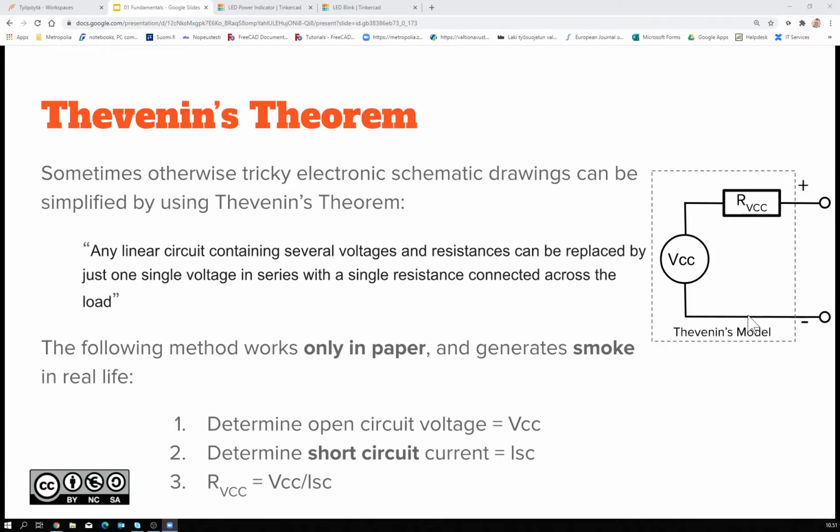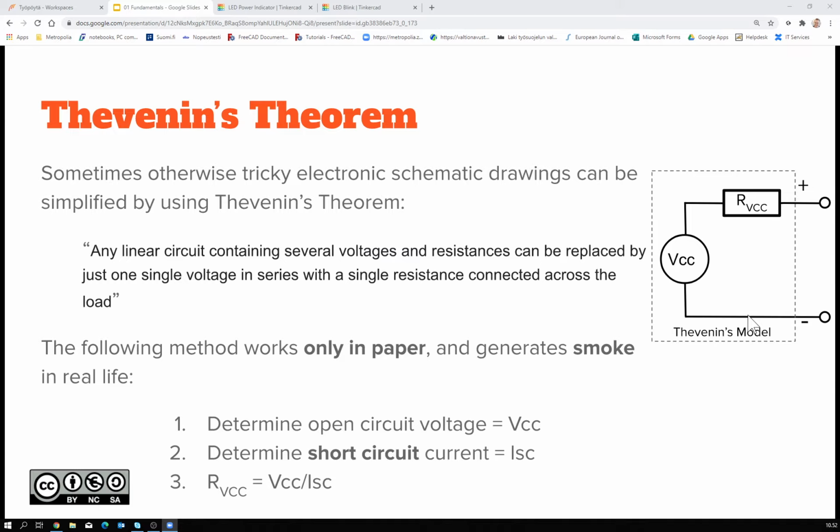So basically we first determine the open circuit voltage, and there's an example coming after this, the same example as previous. Determining the open circuit voltage means the circuit without a load. I think it is better to just leave it to the example.